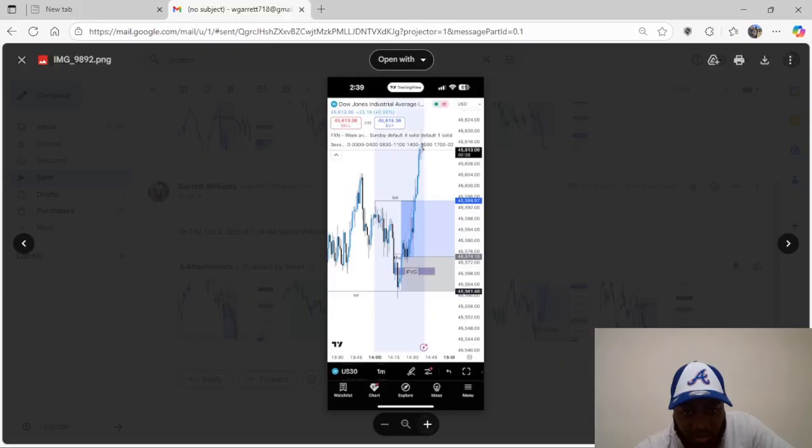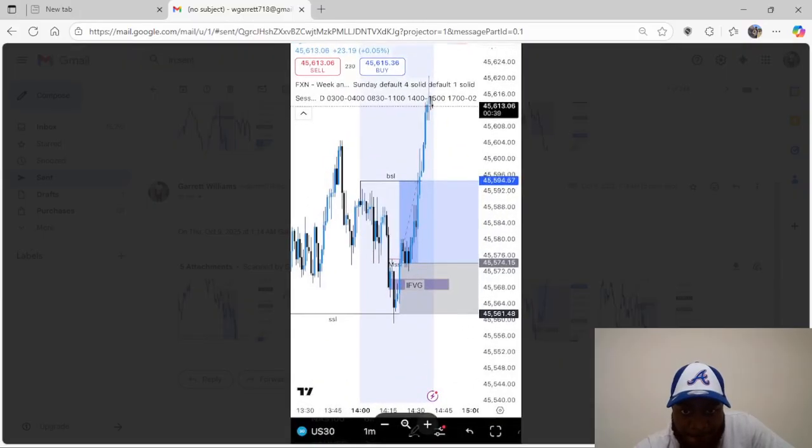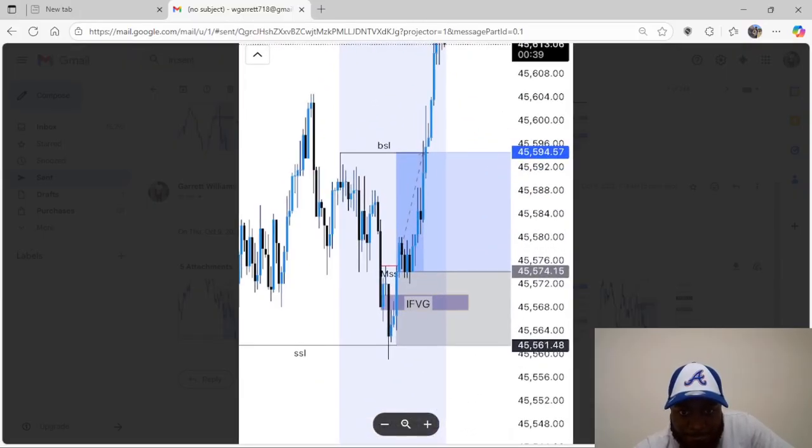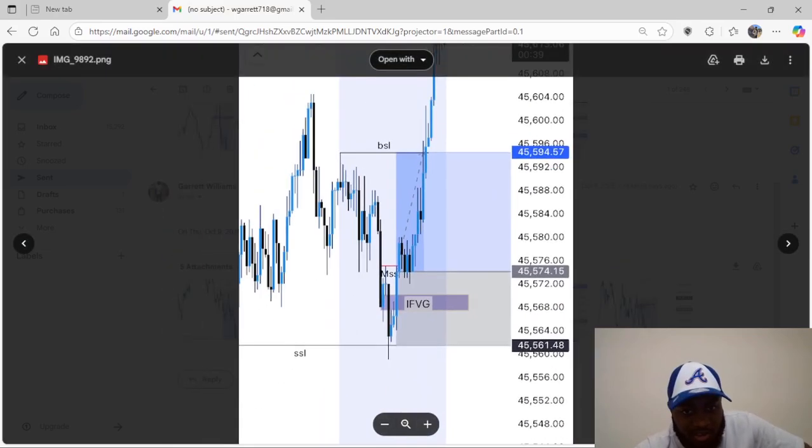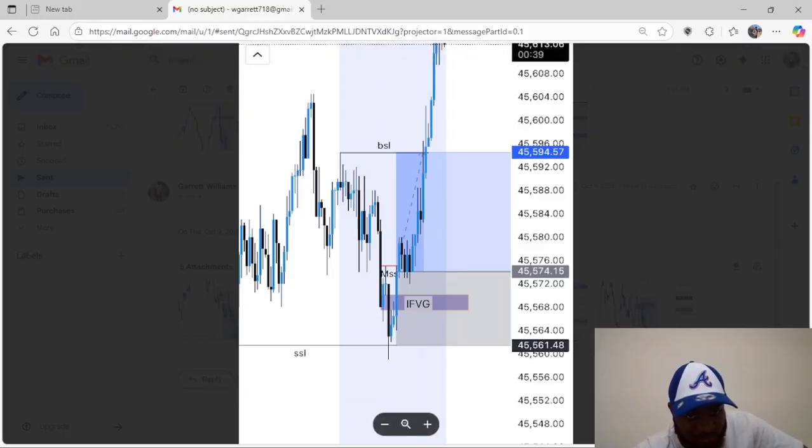All right, US30, another pair. All right, same thing. This is just a random regular gold block. Sell side low. The low looked something like this, or it's like a wick low. Sell side liquidity, boom, took it out.